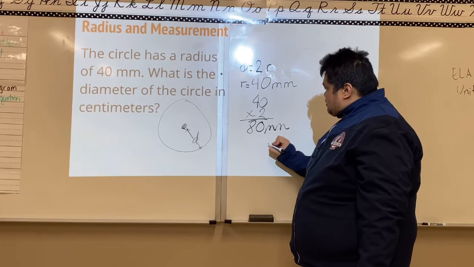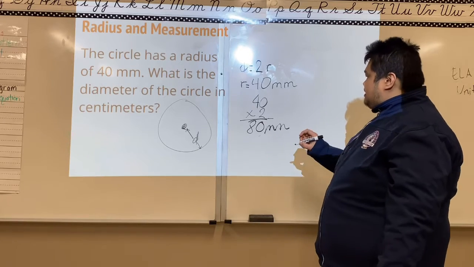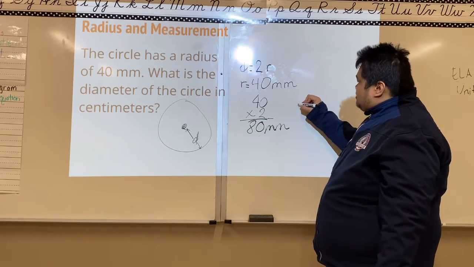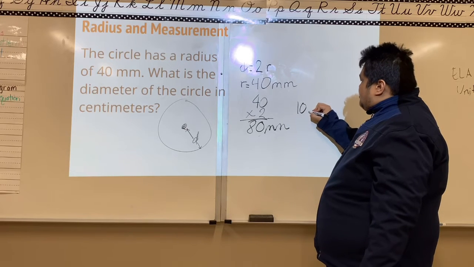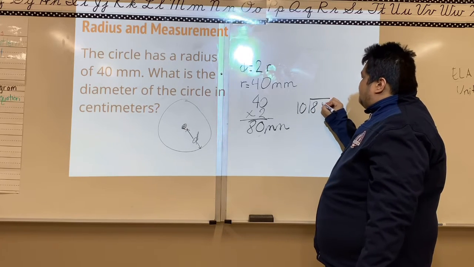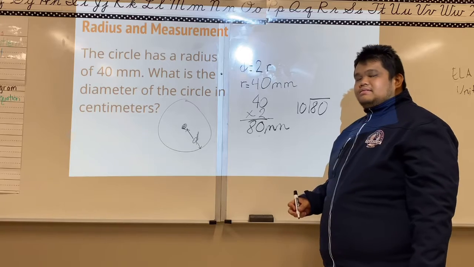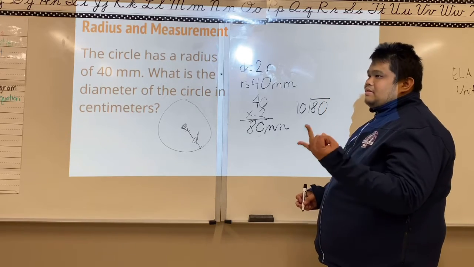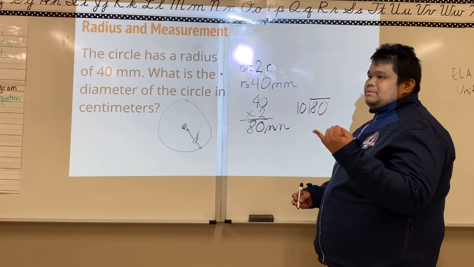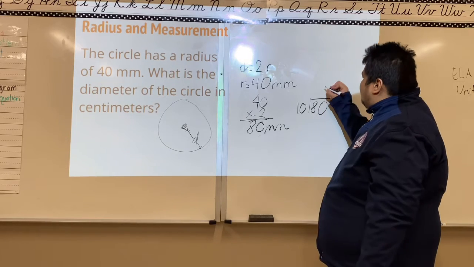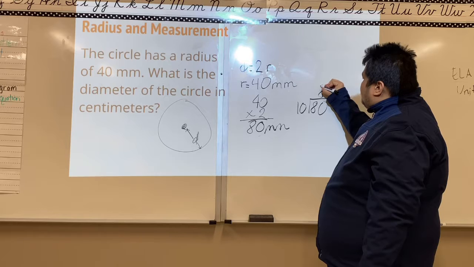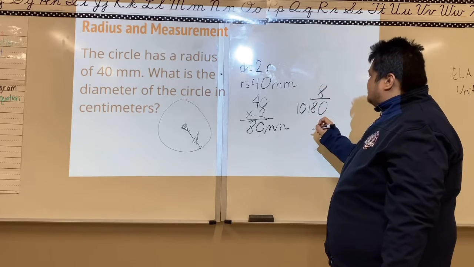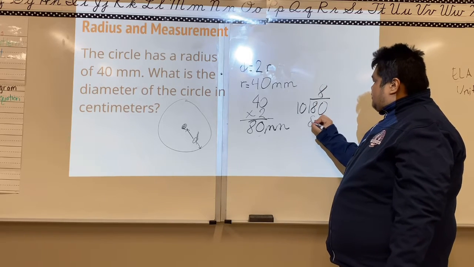So, we are going to divide it by 10. So, 80 divided by 10. How many tens are there in 80? 10, 20, 30, 40, 50, 60, 70, 80. So, 8. 8 times 10, 80.